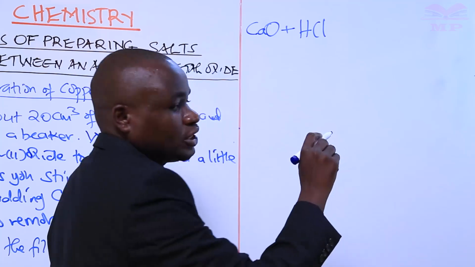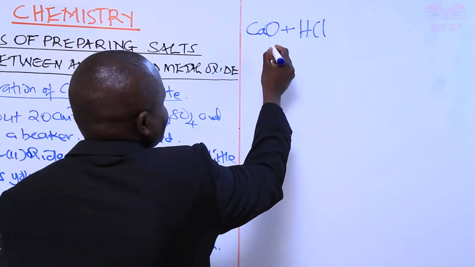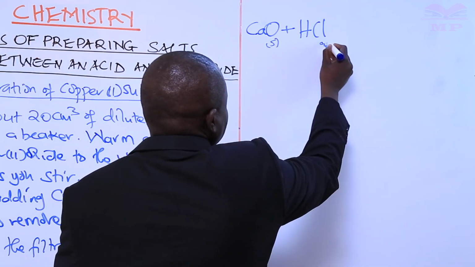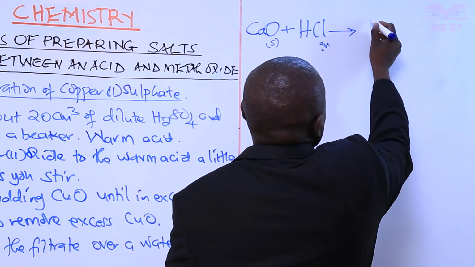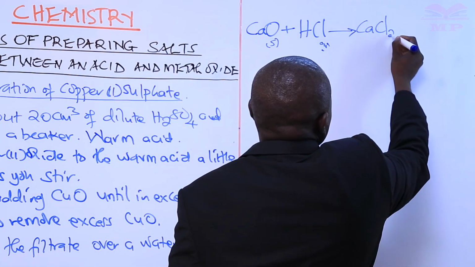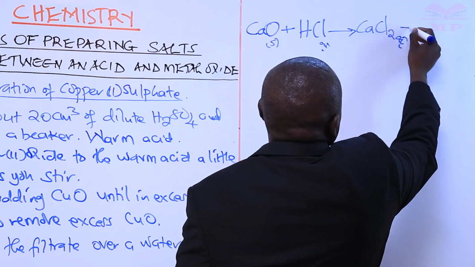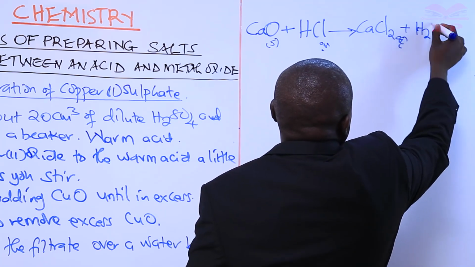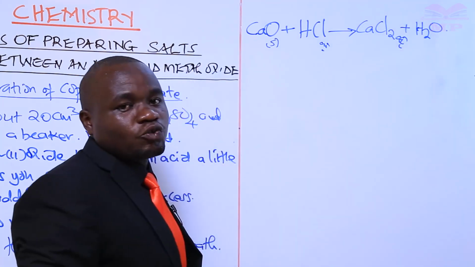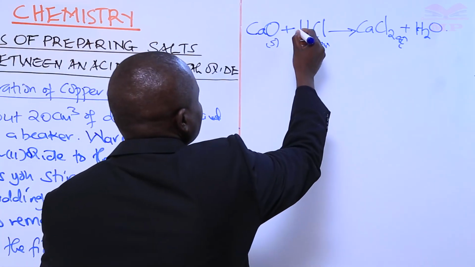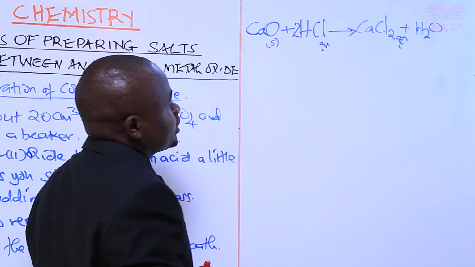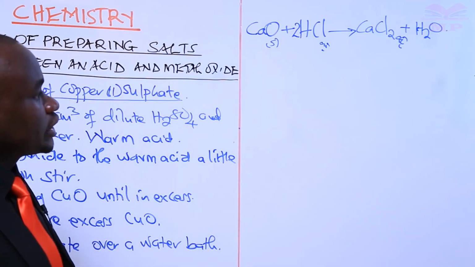Don't forget to put the state symbols. This one is solid, this one is aqueous. So this will give you a salt, and that salt is called calcium chloride. It's aqueous, and then plus water. After writing, don't forget to balance. We put 2 on hydrochloric acid, then the equation will be balanced.